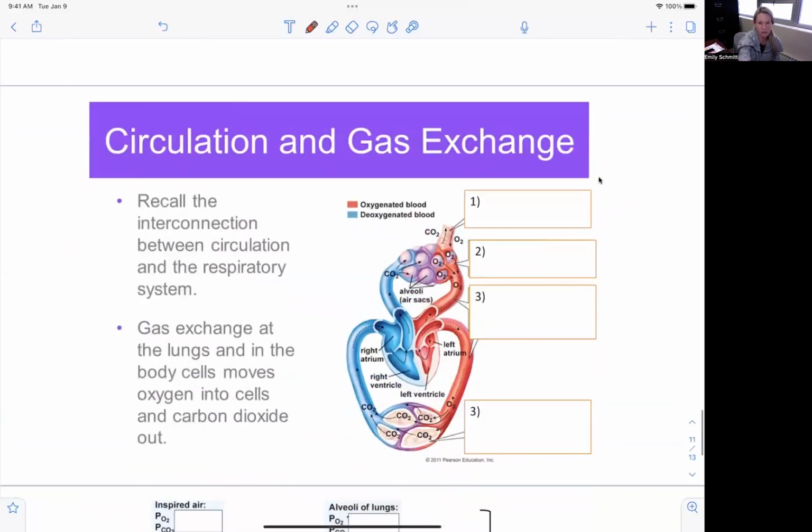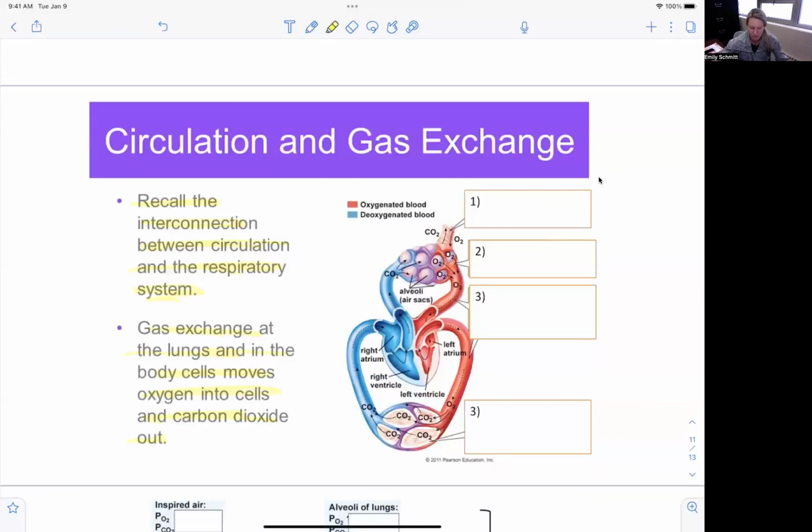So in keeping with our theme of circulation and gas exchange, here on the left, it says to recall the interconnection between circulation and the respiratory system. So we've already set that stage, the cardiorespiratory system. So we know that gas exchange at the lungs and in the body cells move oxygen into cells and carbon dioxide out.